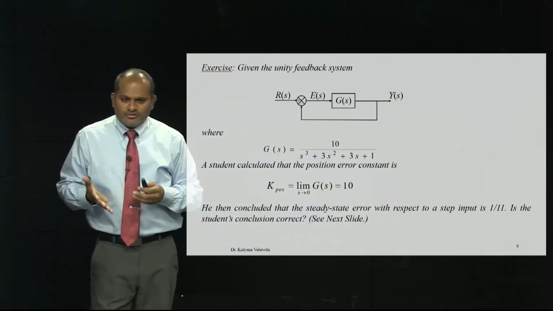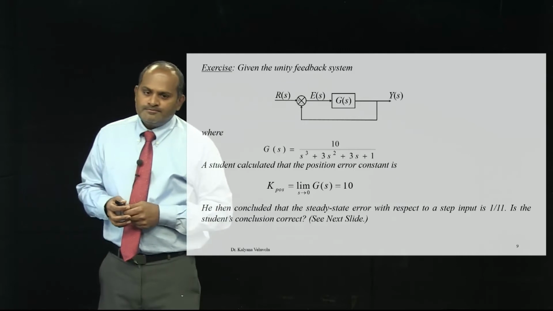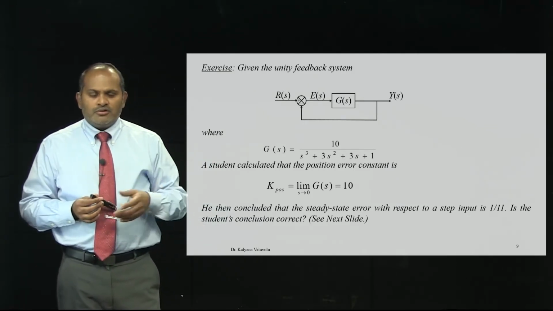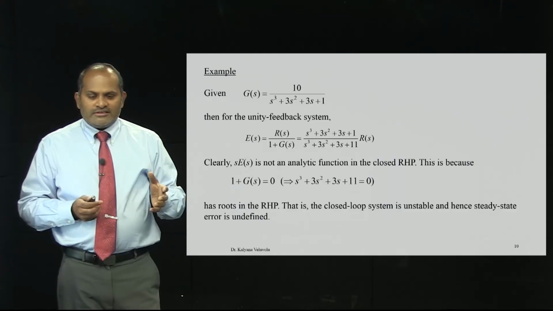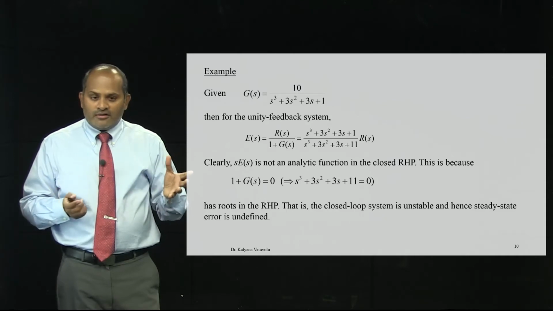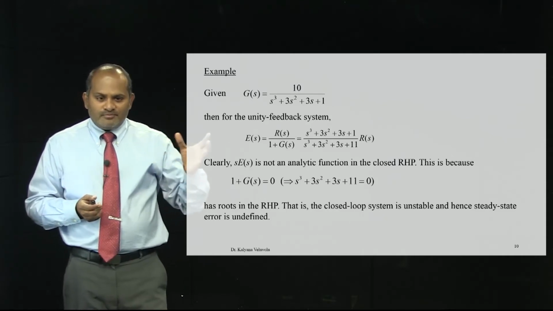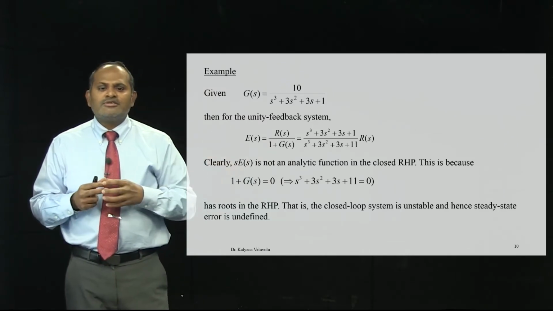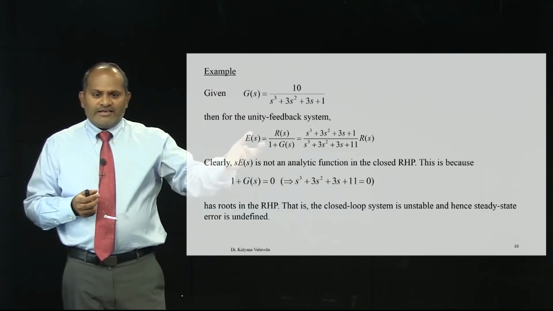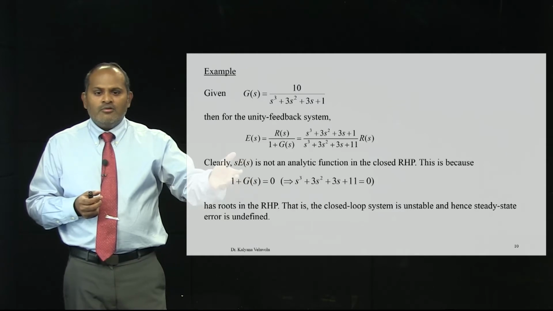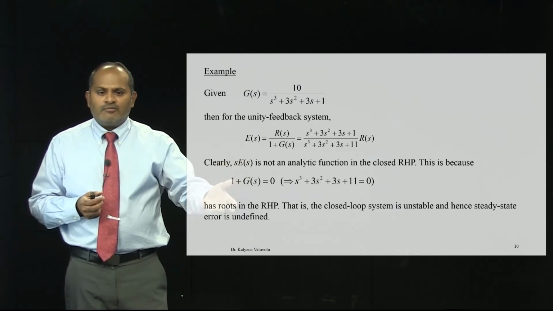Now, is the student's conclusion correct? It seems to be right, but how do we be sure? The important question is, is the system stable? We have no idea. If the system has any poles on the right hand side, then the system is unstable. If we analyze the system using our stability criterion, we can find that it has roots in the right half plane.